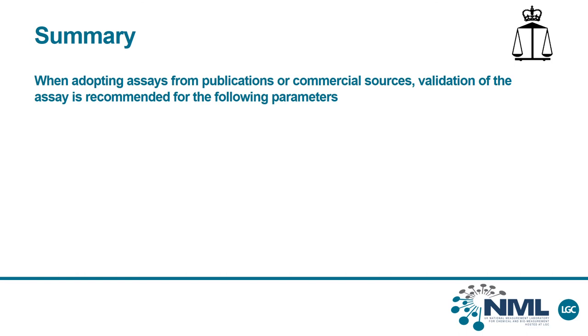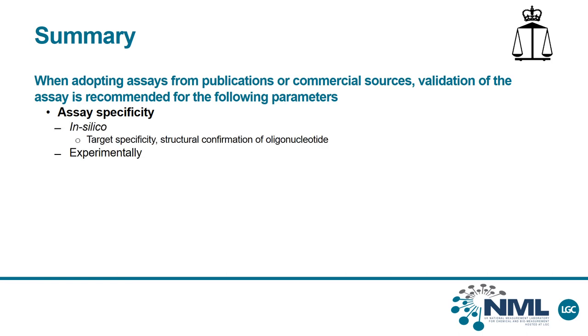Assay validation generally involves the assessment of both assay specificity and assay performance. A list of key performance parameters that may be employed to evaluate assay specificity and assay performance are listed on the slide. Evaluation of assay specificity involves determining the specificity of the assay for the target sequence, as well as an evaluation of the structural conformation of the oligonucleotides.